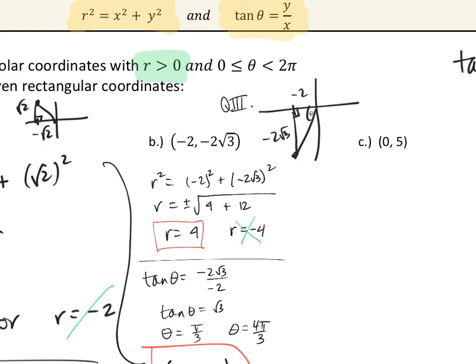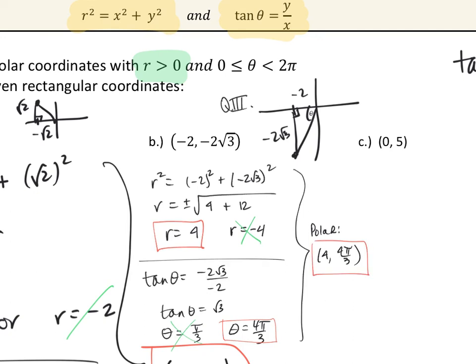All right, and we need to be in quadrant 3, so pi over 3 isn't going to get us where we want. So we're going to choose the correct angle, 4 pi over 3, and put all that together. And our polar coordinate is r of 4, theta of 4 pi over 3. And that one is done.